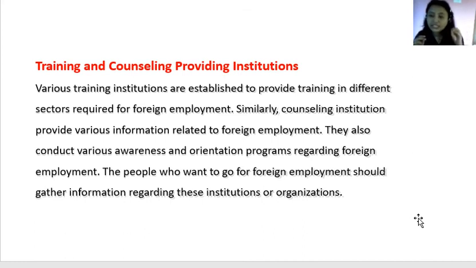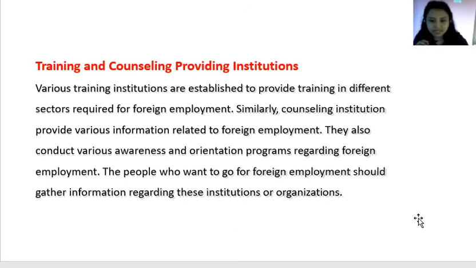They will counsel you on how you have to go, how you have to apply, after going into the foreign countries to whom you should contact, what the accommodation will be, how you will contact the accommodation providers, and how you will contact the employment providers. Some of the counseling institutions will provide that, otherwise manpower companies will be responsible for providing this sort of information.